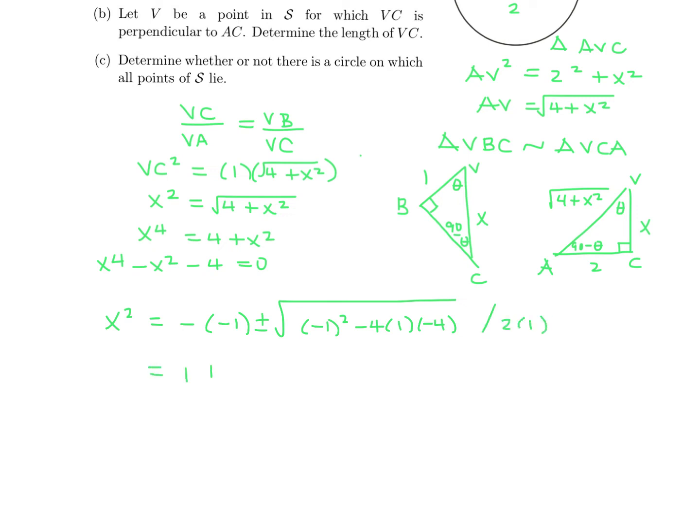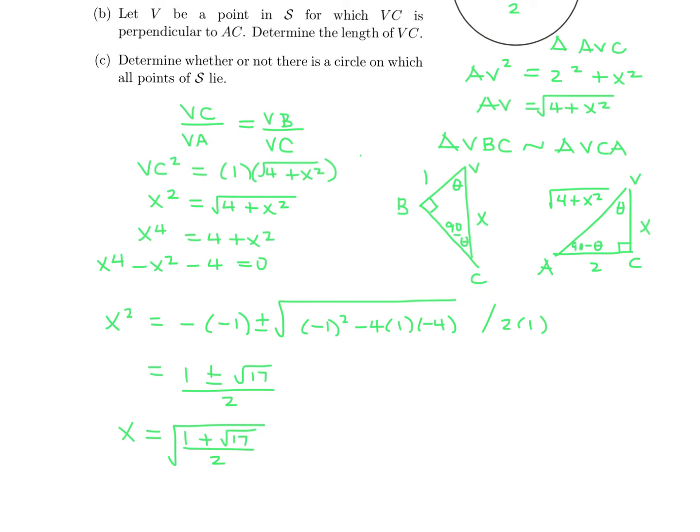So this looks like 1 plus or minus root 17 all over 2, and therefore x is the square root of that, but I can't use the 1 minus root 17 because that would be negative. So I can only use the 1 plus root 17. And then I take the square root of that.